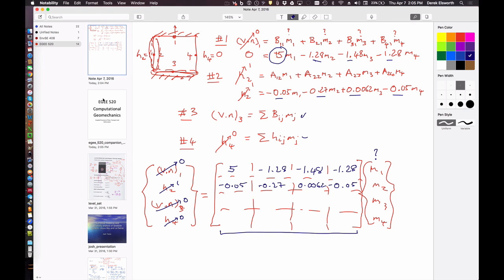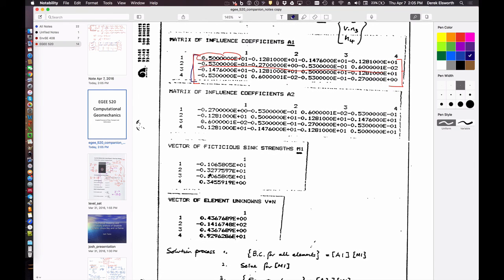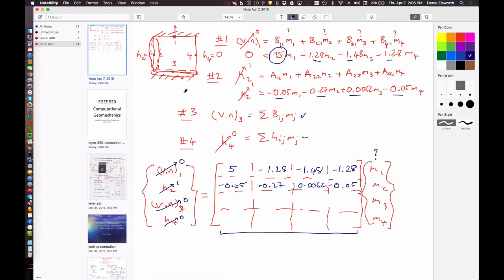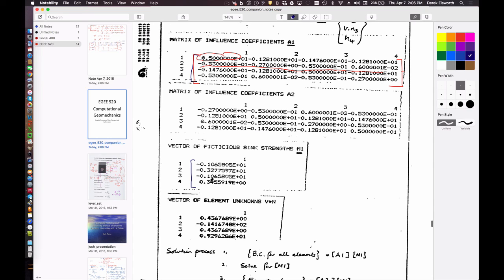And if we do that, we come up with some values which I think are given here. These are the values of sink strengths. It's not set out very nicely, but the values are minus 1.06, minus 3.27, and we have the other values as well, minus 1.06 and 0.35.